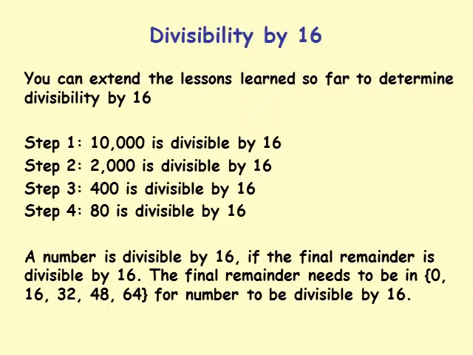A number is divisible by 16 if the final remainder is divisible by 16. That means the remainder needs to be 0, 16, 32, 48, or 64.